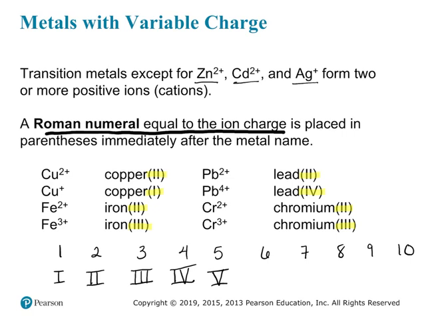So 4 is a little weird. 6, we're going to put a 1 after Roman numeral 5. 7, we're going to put 2 lines after Roman numeral 5. 10 is an X, and 9 is a 1 in front of the X.